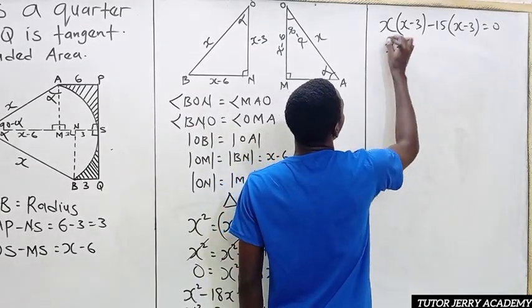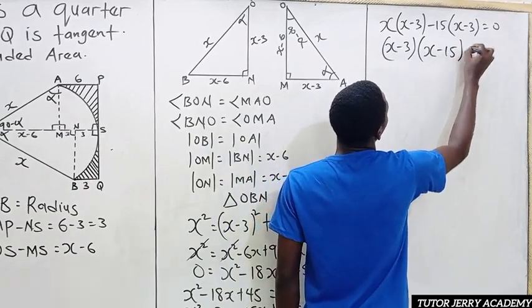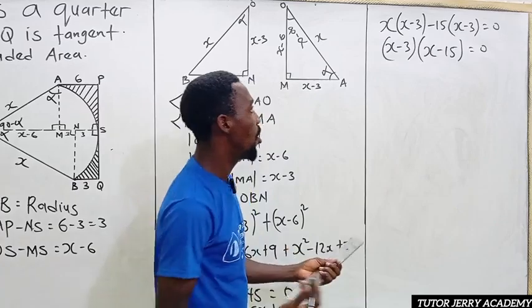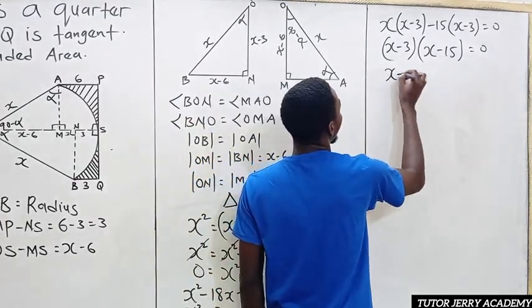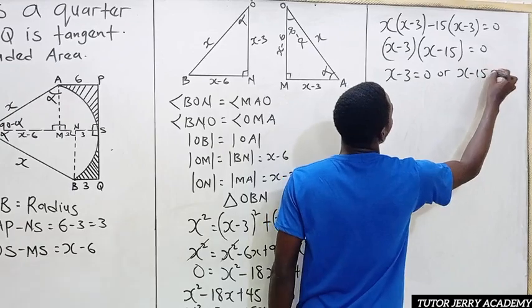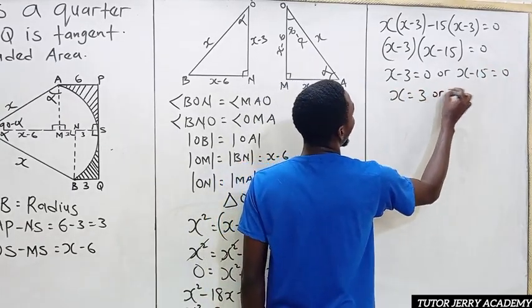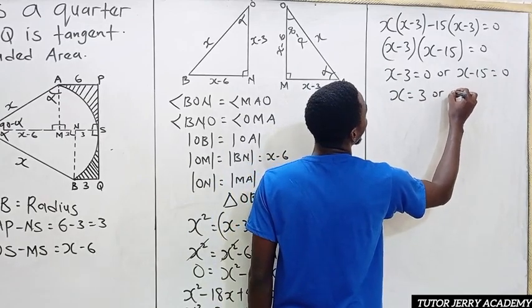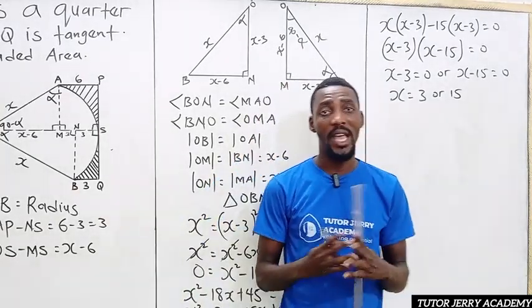So S minus 3, then we'll be left with S minus 15, which is equal to 0. So from the zero rule, from quadratic, either S minus 3 equals 0 or S minus 15 is equal to 0. So we can see that S will be equal to 3 here, or S is equal to 15. All right.